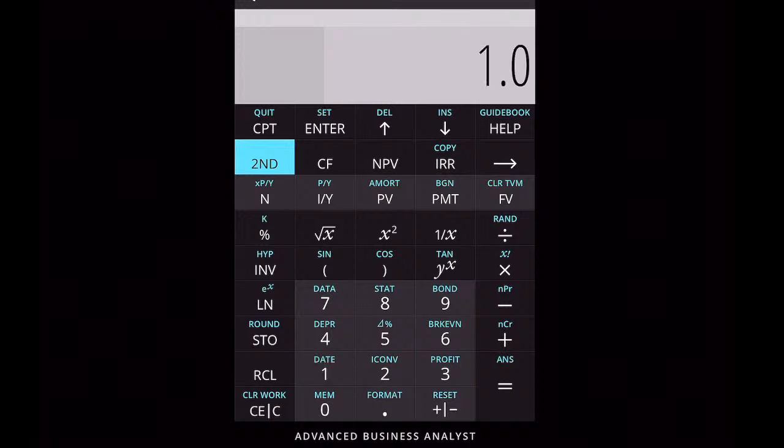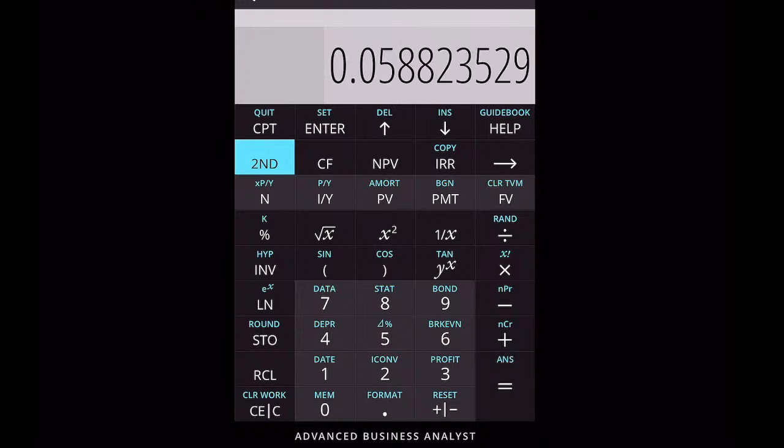So 1.08 deflated, minus 1, gives me the rate. Now, you want to store it for use in the time value of money third row of your calculator, so you need to multiply it by 100. Then you store it.